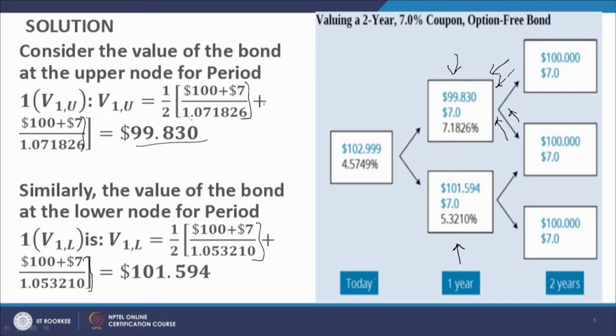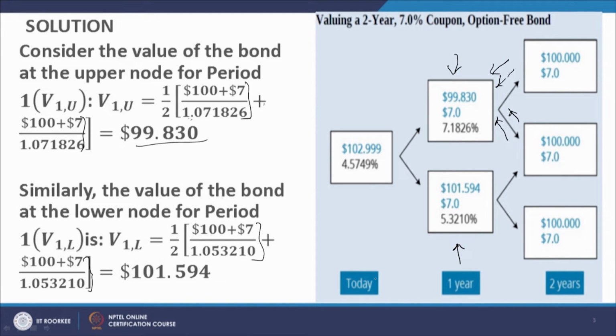So, what we get is the value at the upper node at t equal to 1 is 99.83, the value at the lower node of t equal to 1 is 101.594. Now, we need to move back from t equal to 1 to t equal to 0.